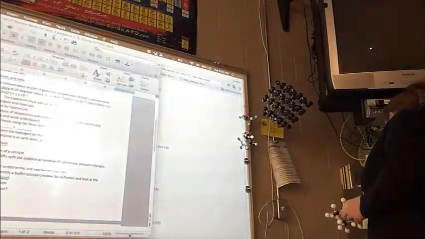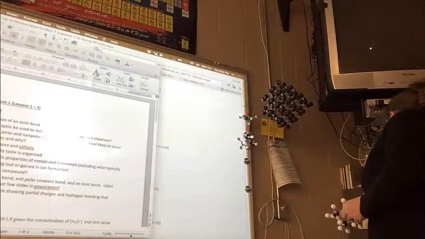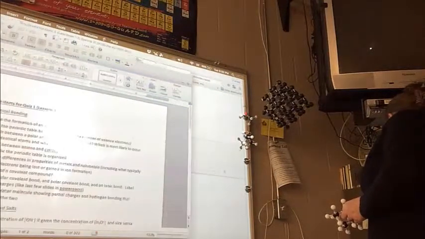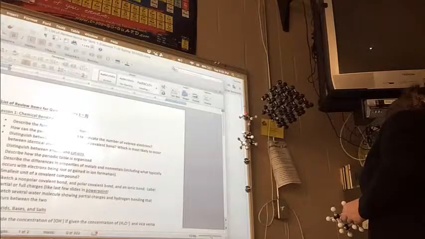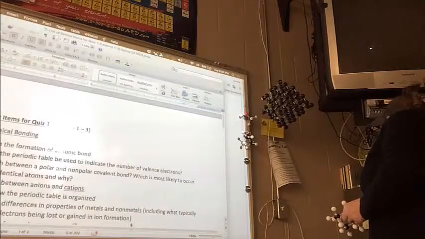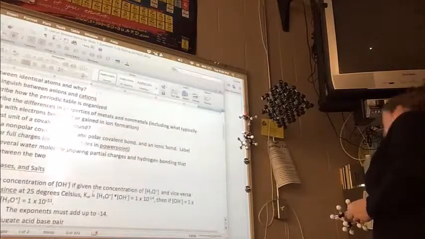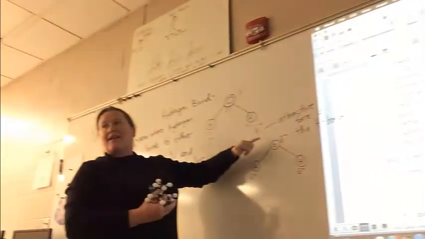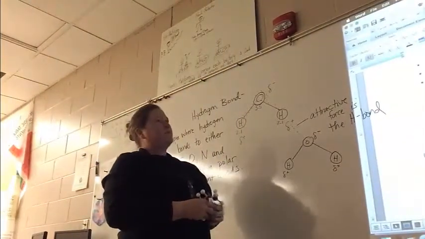So when we're sketching that, how do you want us to indicate it, like your bond? A common way that we see that hydrogen bond is with just a little dot, dot, dot, dot, dot.